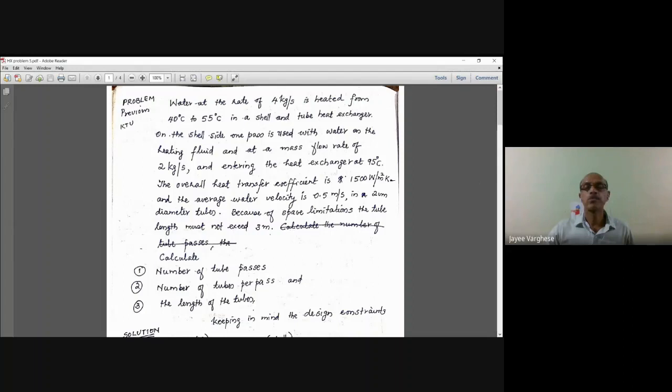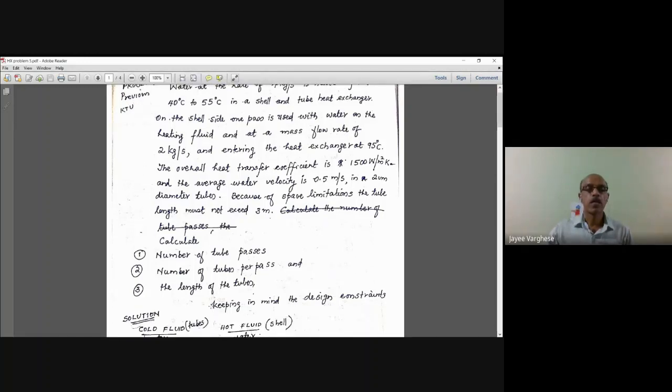The overall heat transfer coefficient is 1500 watt per meter square Kelvin and the average water velocity is 0.5 meter per second in a 2 centimeter diameter tube. Because of space limitations, the tube length must not exceed 3 meters.